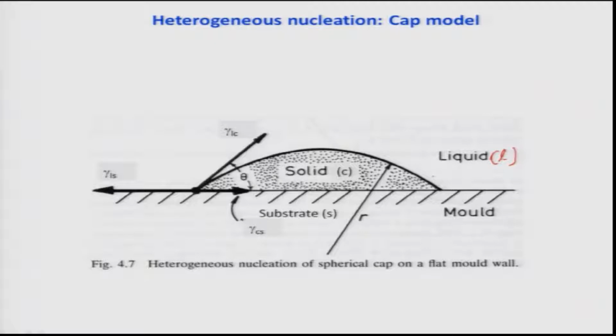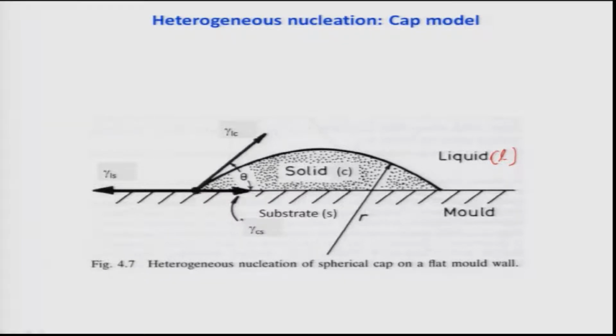A few important things before we get to the board: the interfacial energies, given as gamma SL, gamma LC, and gamma CS, meet at the point at which the newly formed solid is touching the substrate.